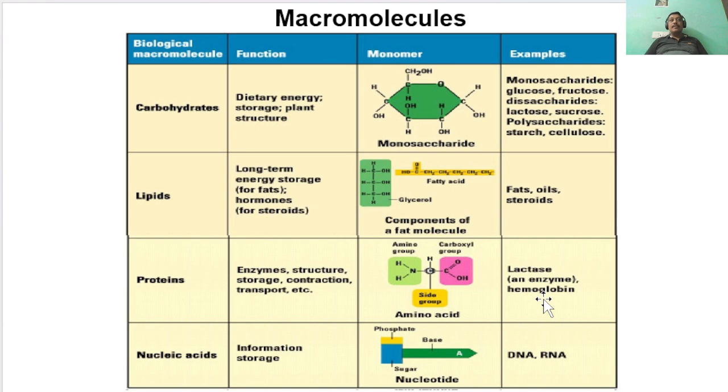Milk contains lactose. This lactose is going to be broken down by the lactase, so children below the age of 1 will have good secretion of lactase. Again, lactase is an example of a protein.